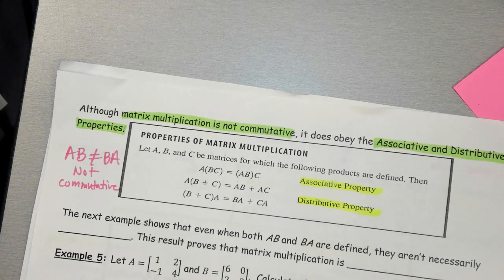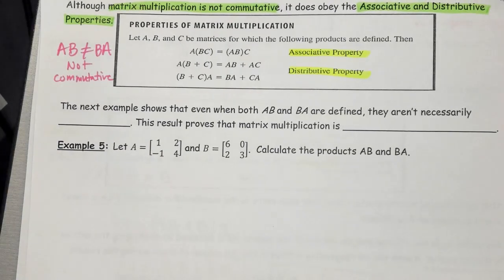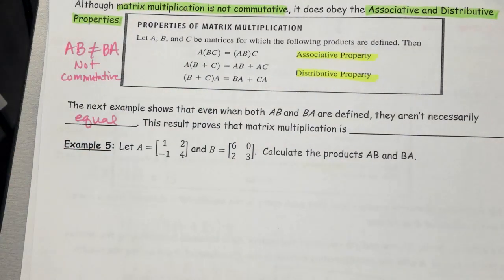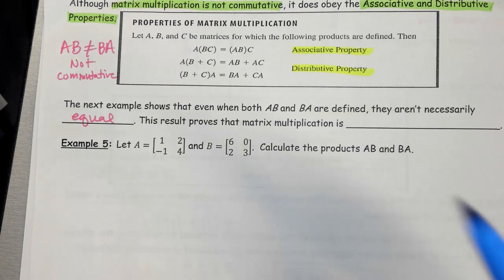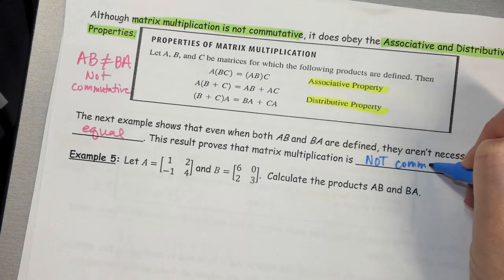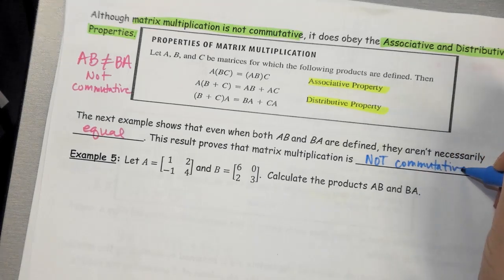Alright. The next example is going to show that even when both AB and BA are defined, they aren't necessarily equal. And this is going to prove that matrix multiplication is not commutative.